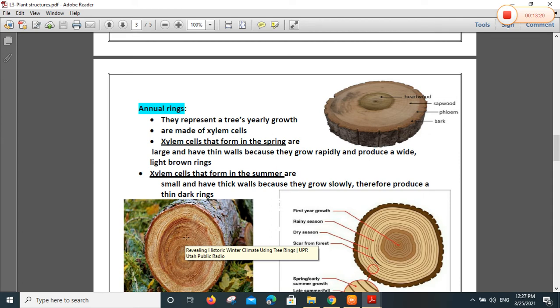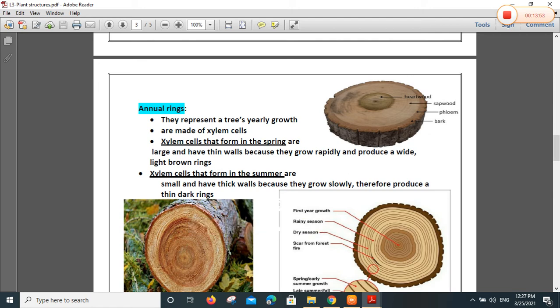Xylem cells that form in spring are different from xylem cells that form in summer. But every year we have a ring form. Look, we have different colors, dark and light.